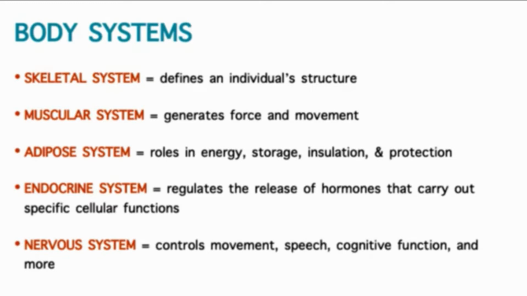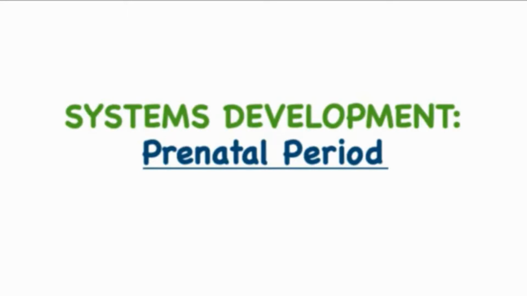So we're going to go through the development of each system based on the period of life. So what better place to start than the beginning? We're going to start with prenatal development, or the prenatal period, when we still have an embryo or a fetus, right?